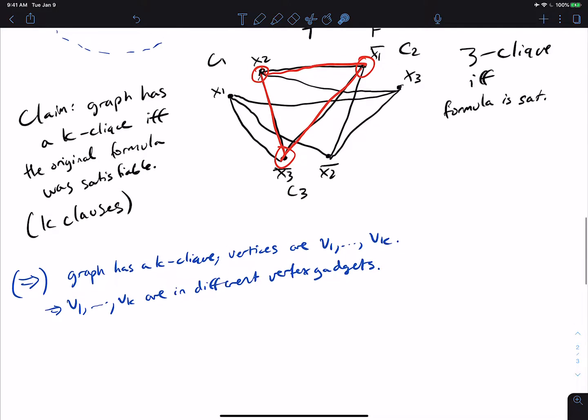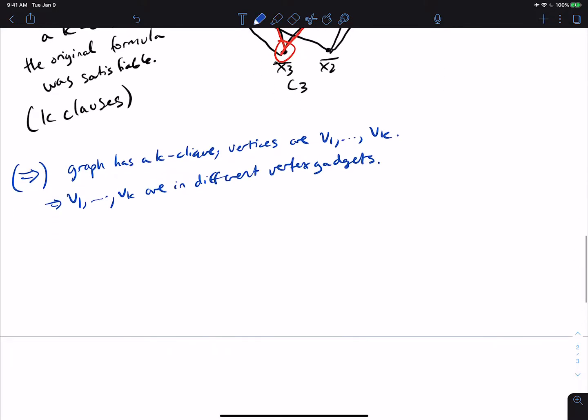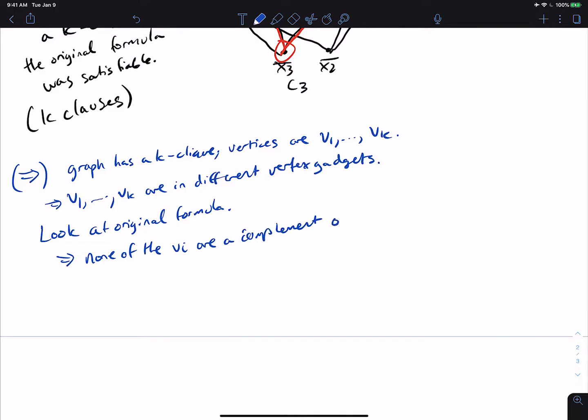But what does that mean? Now let's look at the original formula that we derived this from. Since every edge is present among these, this implies that none of the vi are a complement of a different vj.